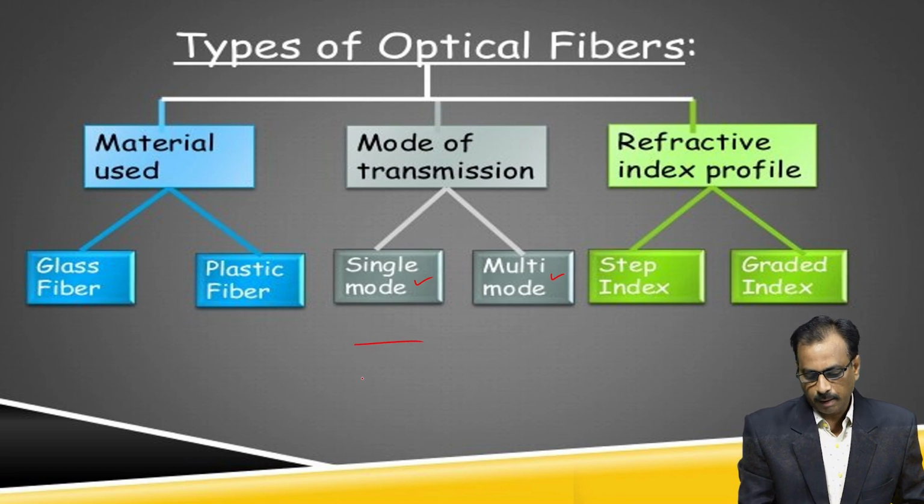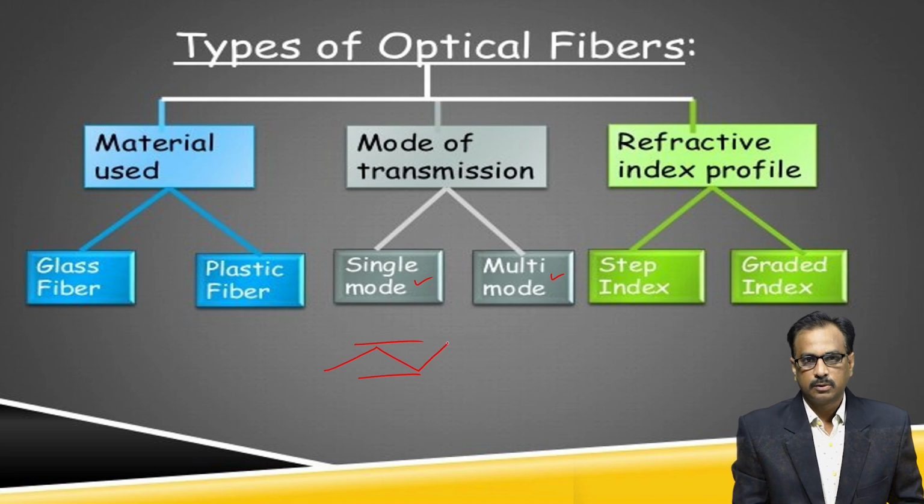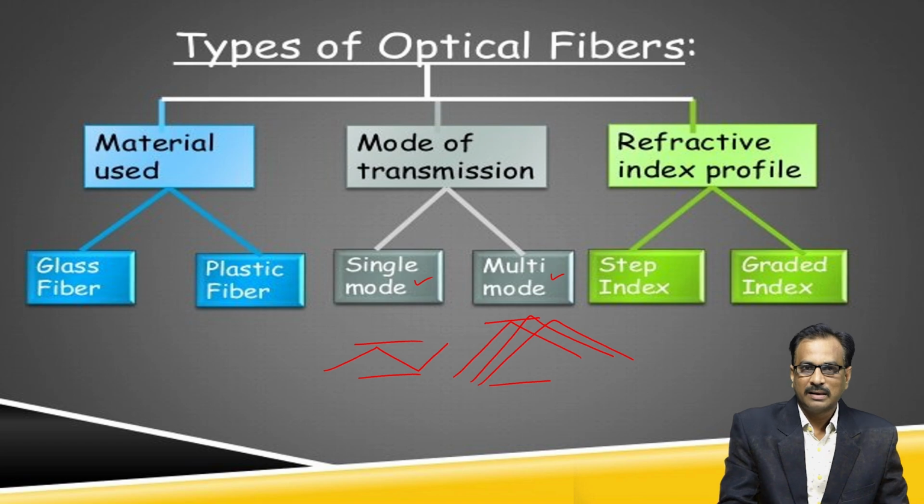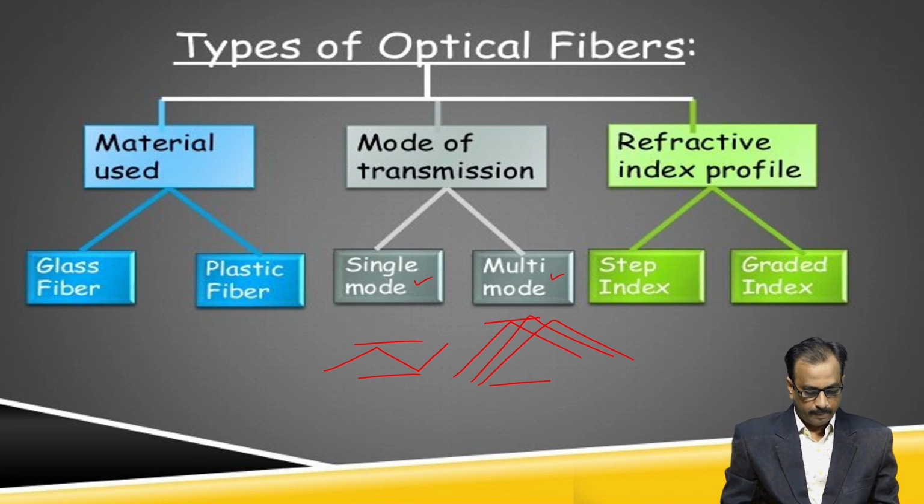Now, this is the optical fiber. If only one wave can transmit through the optical fiber, that is called a single mode optical fiber. Suppose this is the optical fiber core material. If more than two rays, more than two waves can transmit through the optical fiber, that is called a multi-mode optical fiber.